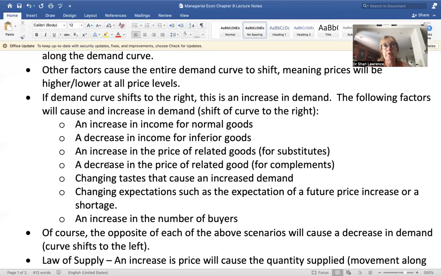So let's say peanut butter and jelly. Peanut butter and jelly go hand in hand. Let's say the price for peanut butter goes down, then people are going to buy more peanut butter. They're going to buy more jelly because jelly goes with peanut butter. So if the price of peanut butter goes down, the demand for jelly will go up.